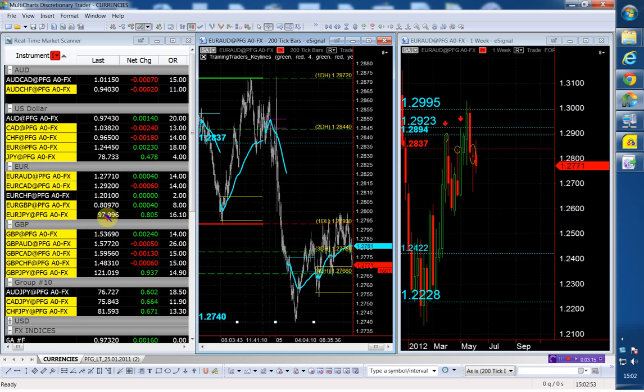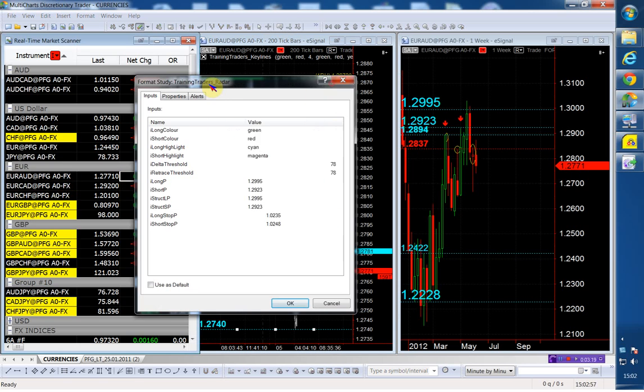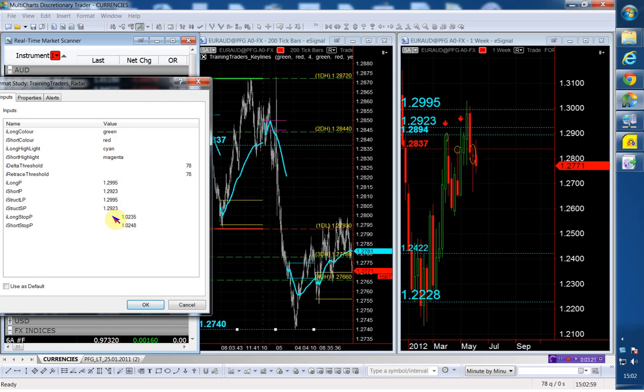So on the Euro Aussie, we're going to go short below 127.40, and then we have a structure short point at 124.22.